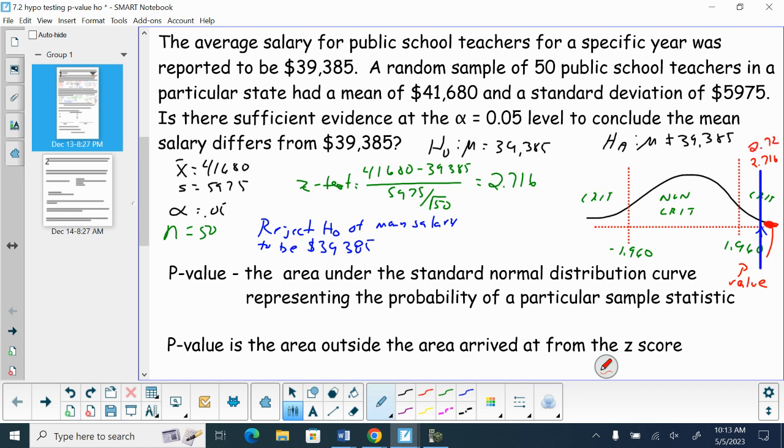If I look up 2.72 on my normal distribution table, I would get an area of 0.4967. So I have z equal to 2.72, and my table value gives me 0.4967.